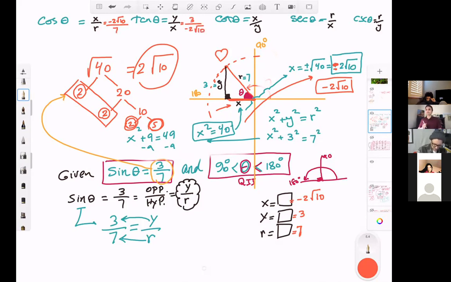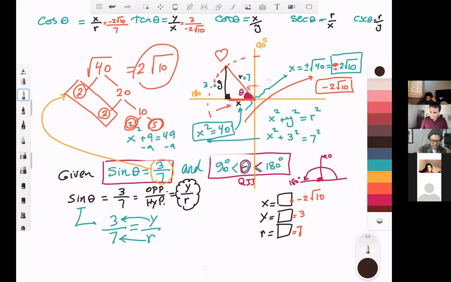We need to irrationalize it. We have to multiply by radical 10. The answer will be negative 3 radical 10 over 20. Cotangent is x over y, negative 2 root 10 over 3.